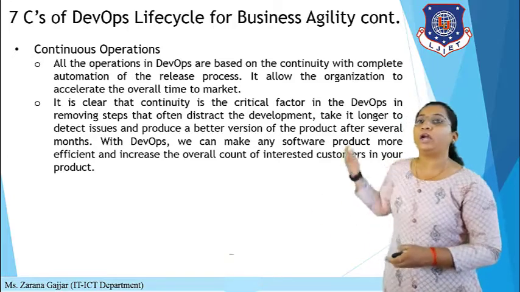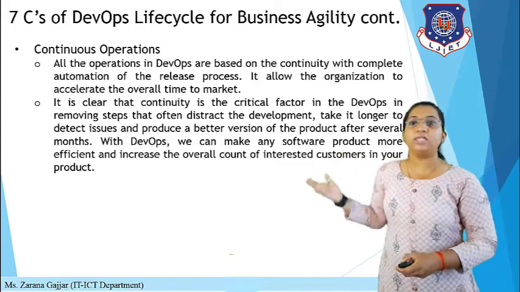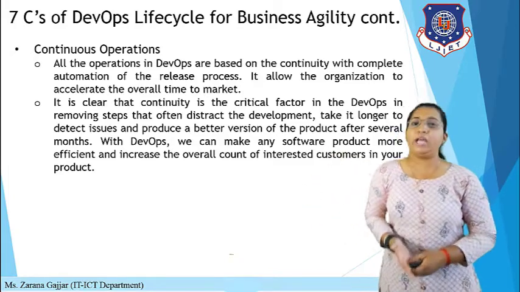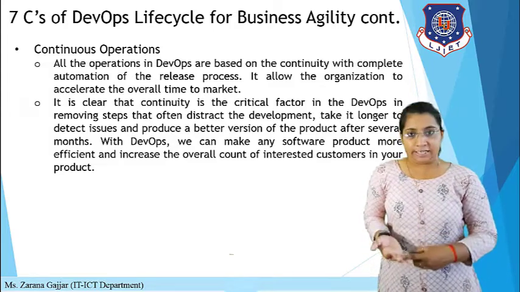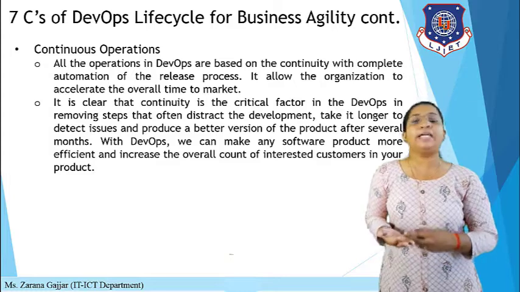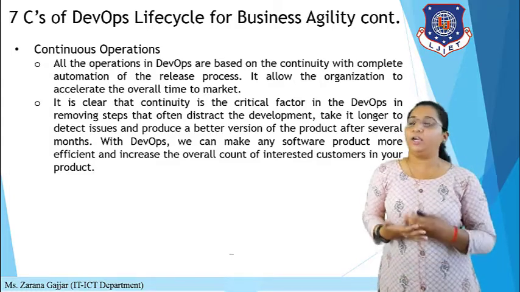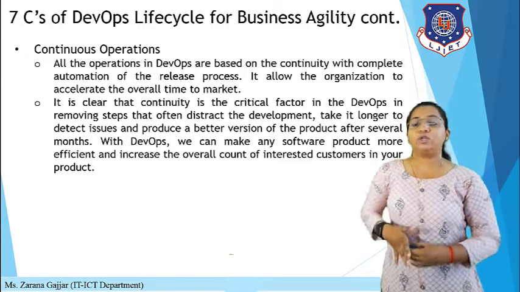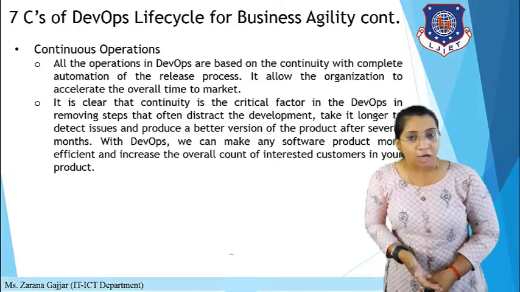Okay, so this is about continuous operation. So this is all about the 7 C's of the DevOps lifecycle. Okay, so starting from continuous development, continuous integration, continuous deployment, continuous testing, continuous monitoring, continuous feedback, and continuous operation. Okay, so this is about the 7 C's of the DevOps lifecycle for business agility.